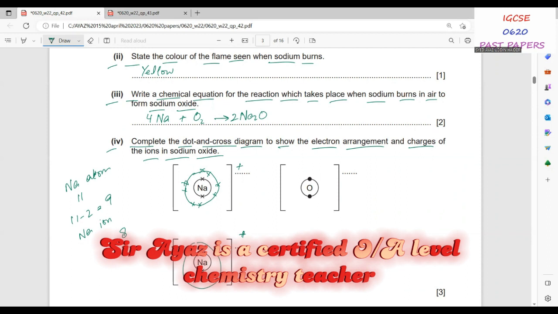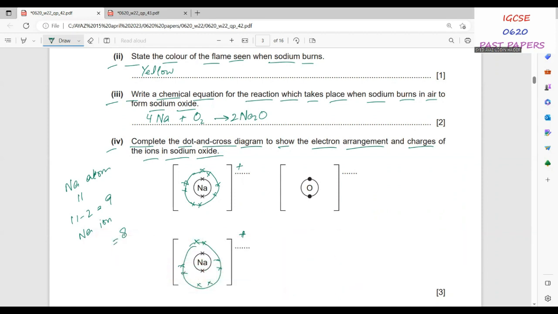Similarly, I'm showing the valence electrons for the second sodium atom. 1, 2, 3, 4, 5, 6, 7, 8. Oxygen atom has gained or acquired 2 electrons, so it will carry -2 or 2 minus charge. Proton number of oxygen is 8.